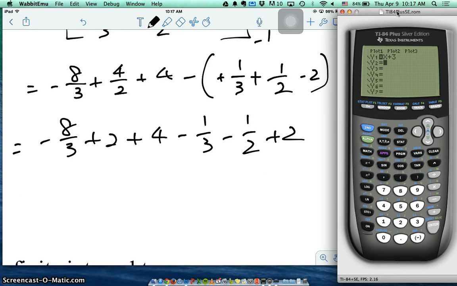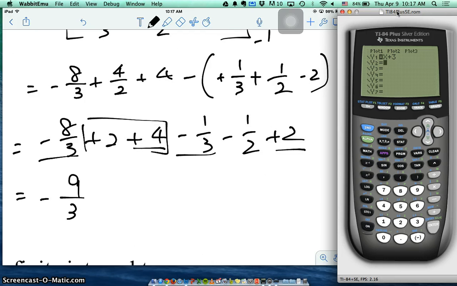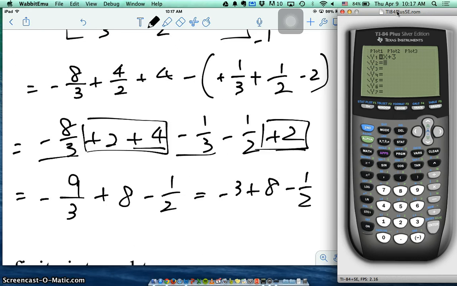The three terms I boxed together add up to 8, and then just minus 1/2. We also know that the first term becomes negative 3 plus 8 minus 1/2. So our final answer is 4 and 1/2.